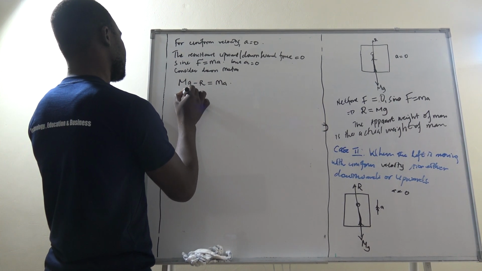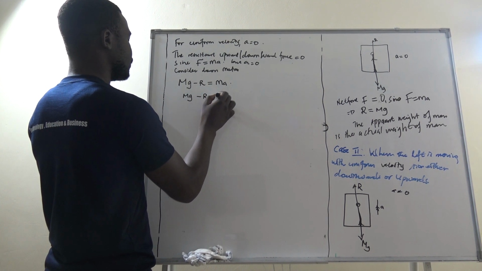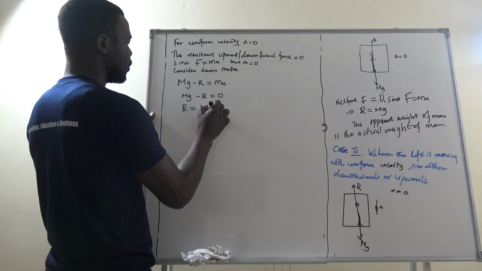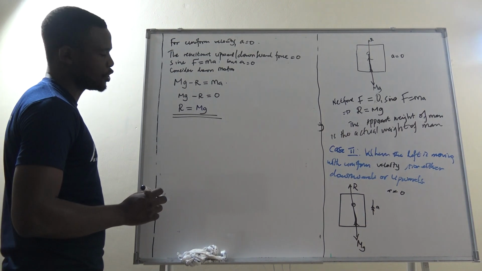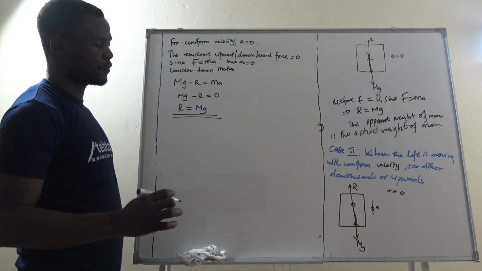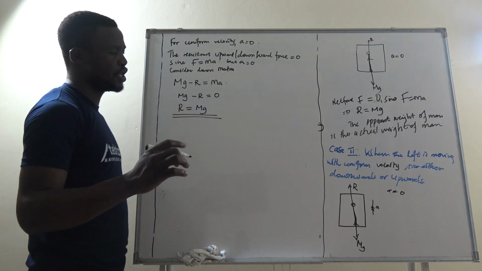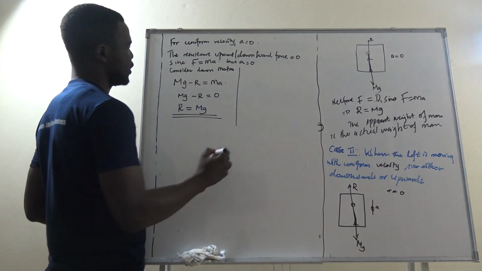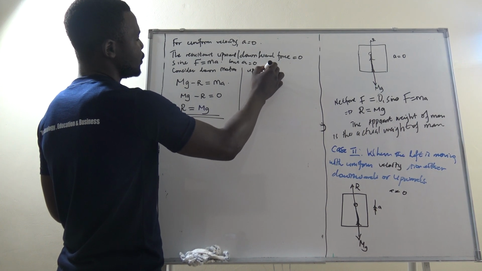But since ma is 0, mg minus R is equal to 0, meaning that the weight of the man is equal to the reaction, which is the action that can be measured from the weighing scale which we have in the lift. Now let's look at the second scenario. Here is when it is moving upwards.